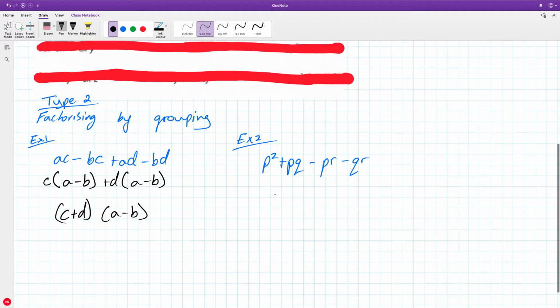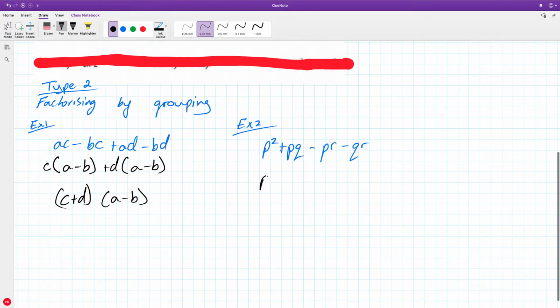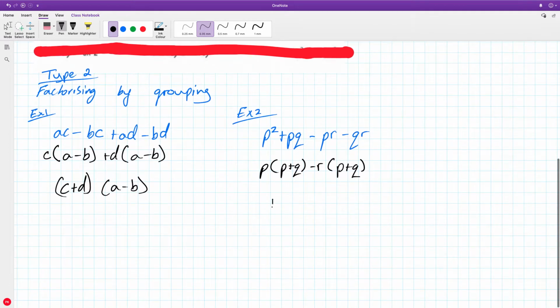What do the first two have in common? And what's left in the brackets then? Good stuff. And what did the second two have in common? Minus r. Good stuff. And what's left in the brackets? P plus q. If it's a minus, that'll give you a plus, because a minus by minus gives you plus. Alright, and also the brackets have to be the same, right? Have a go at this one.